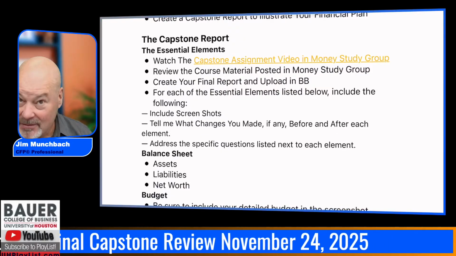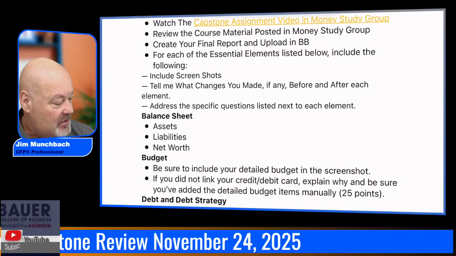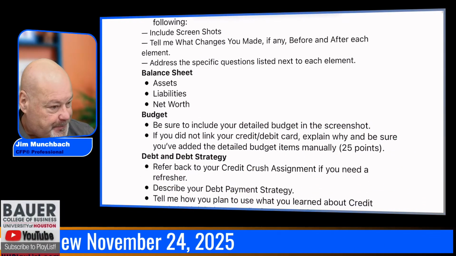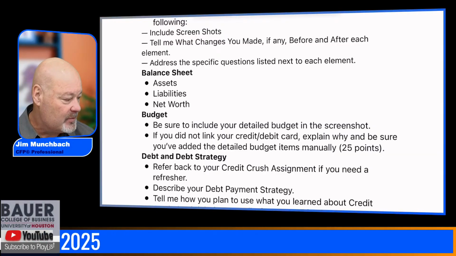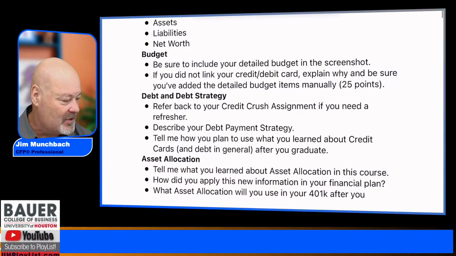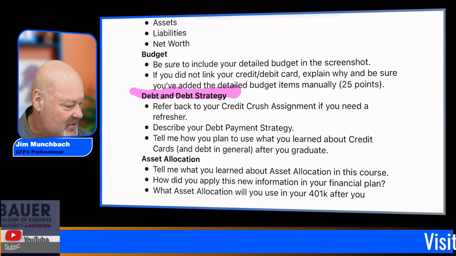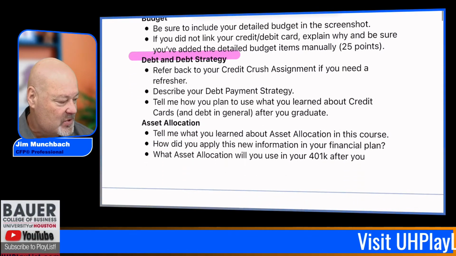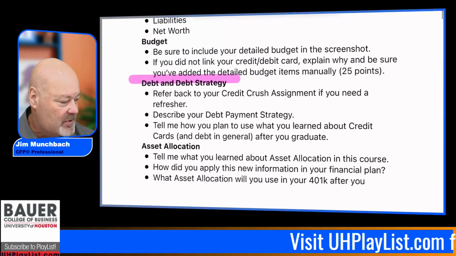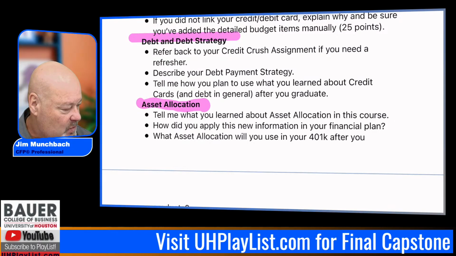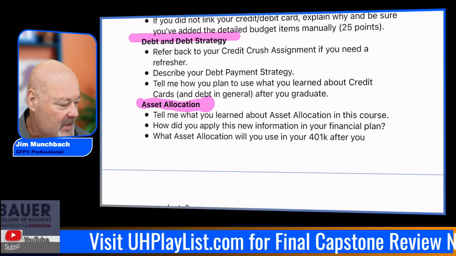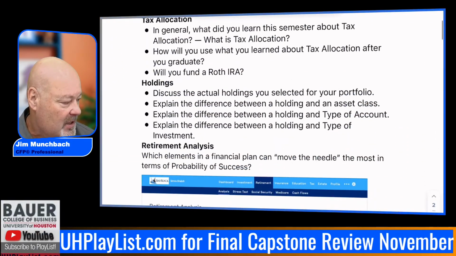At any rate, when you go to Canvas, these are what you're going to pay attention to. I'm going to go over a couple of the items that we're going to focus on. First thing I'd say is debt and debt strategy. That was a big one. We want to focus on that. I'll show you that here in a minute. Asset allocation was one of your recent assignments, and that's certainly one we want to look at.